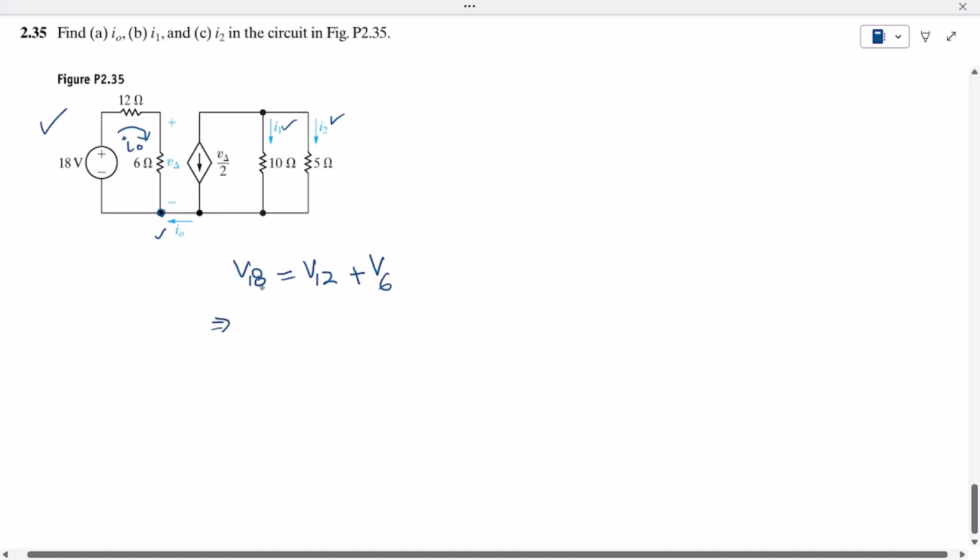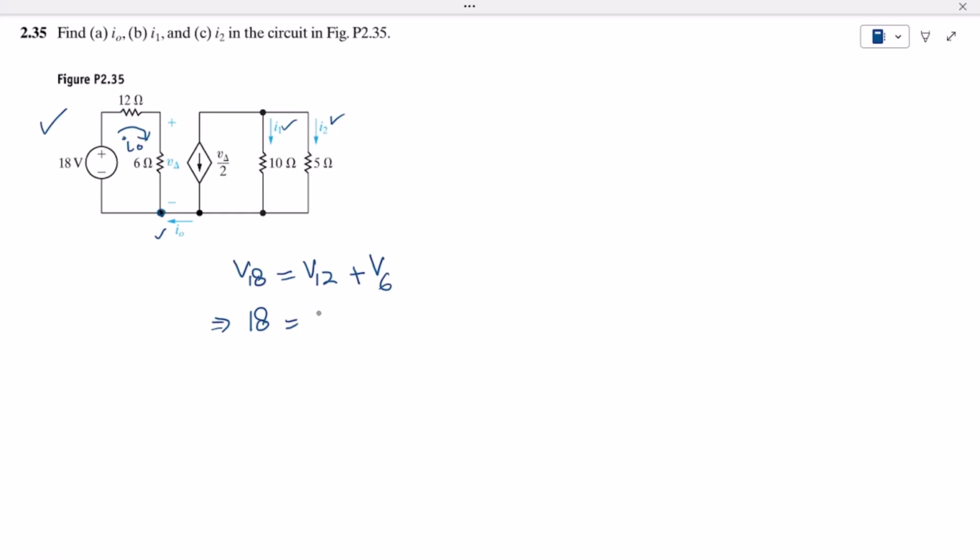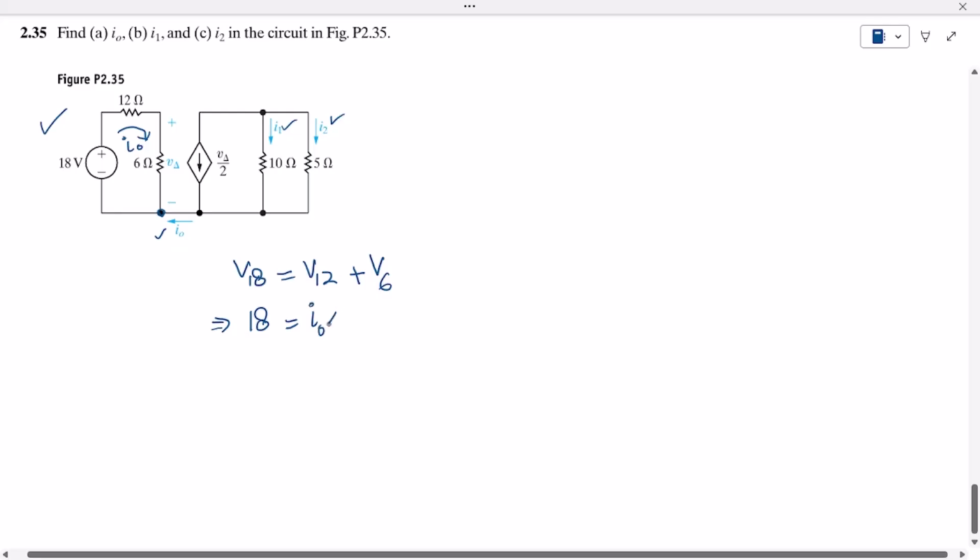The value of V18 is known, that is 18. The value of V12 is the current multiplied by the resistance according to Ohm's law, so that is I0 multiplied by 12, plus V6, which is I0 multiplied by the 6 ohm resistor.